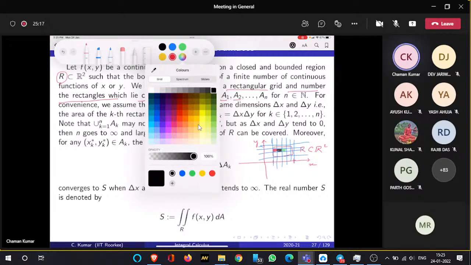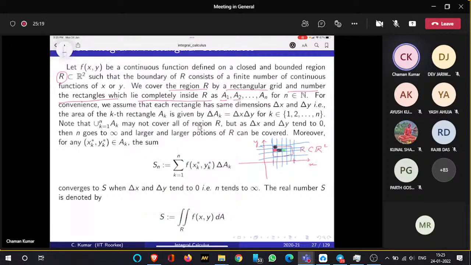So this is how you form the rectangles, by drawing lines parallel to the x-axis and y-axis, and you create these rectangles in such a way that the region R, which is the domain of the function, or the domain of integration, you can say, is completely inside these rectangles.